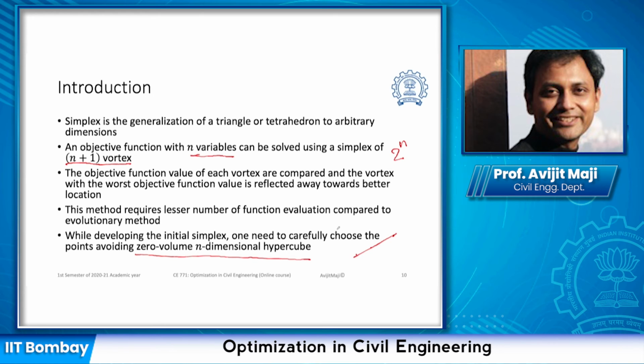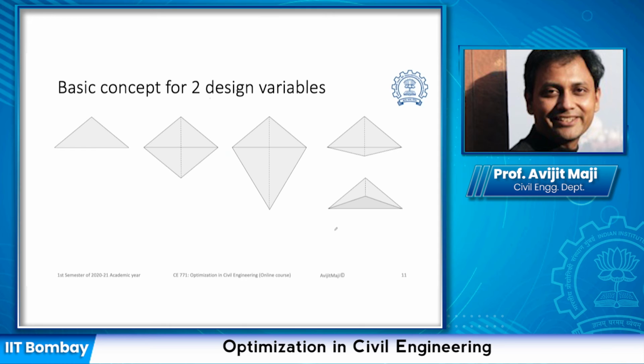But before that, let us look into the basic concept for two design variables. For two design variables, we are looking at 3 vertices. So we have 3 points. These are the 3 points for the two design variables, and then once we look at these 3 points, we find the center of those points, and whichever is the worst point among the three, we choose that point to reflect in the direction of the center and beyond.